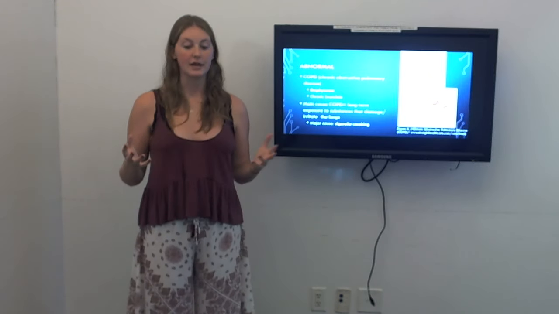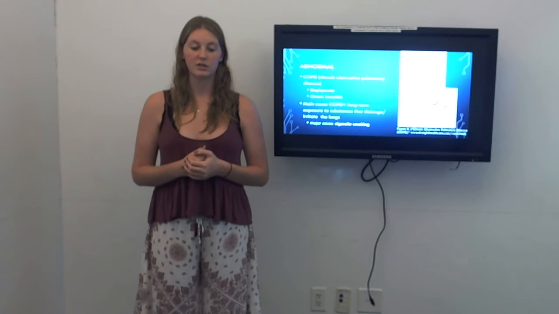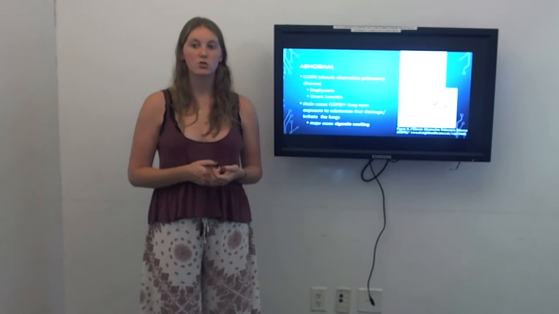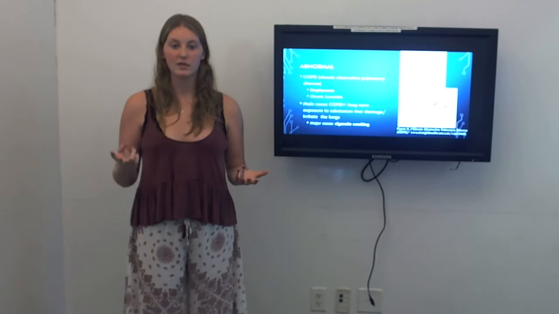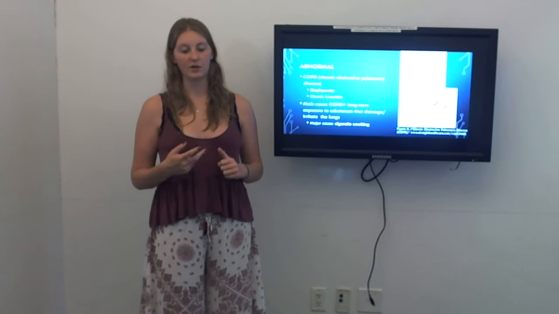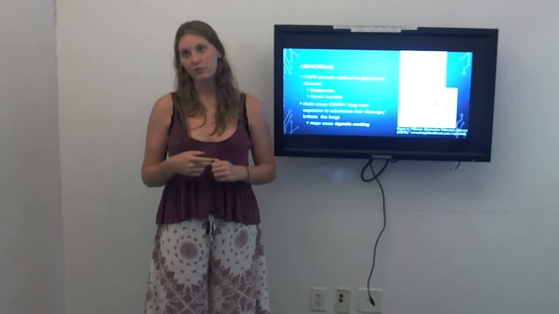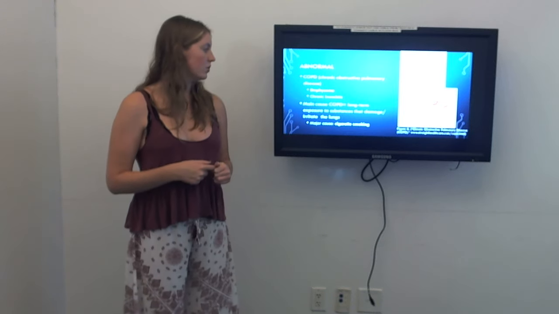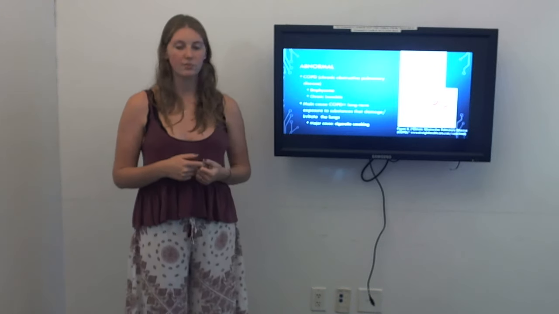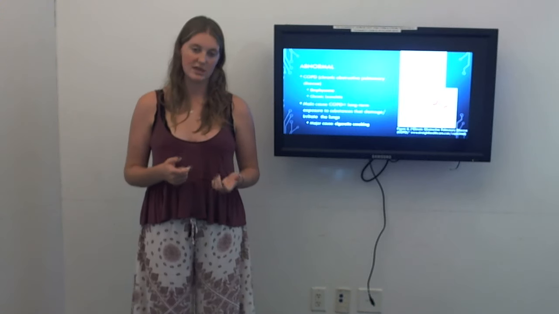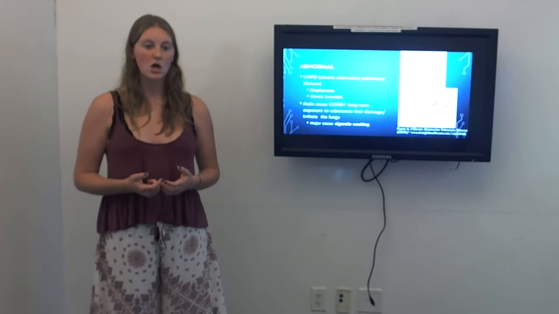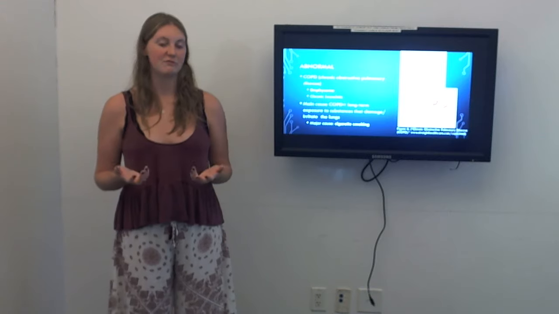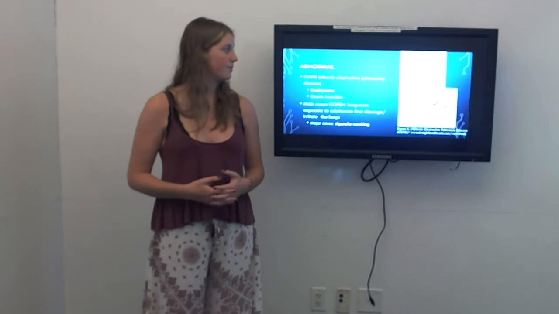Some abnormalities are COPD, so chronic obstructive pulmonary disease. Two main things comprise COPD, and that's emphysema and chronic bronchitis. I'll be focusing on emphysema. The main cause of COPD is long-term exposure to substances that damage or irritate the lungs. So quite an obvious factor would be cigarette smoking.